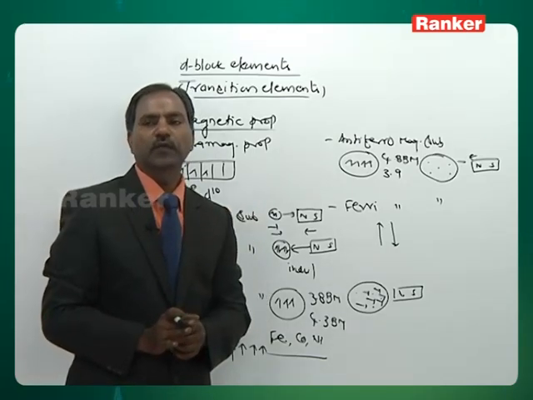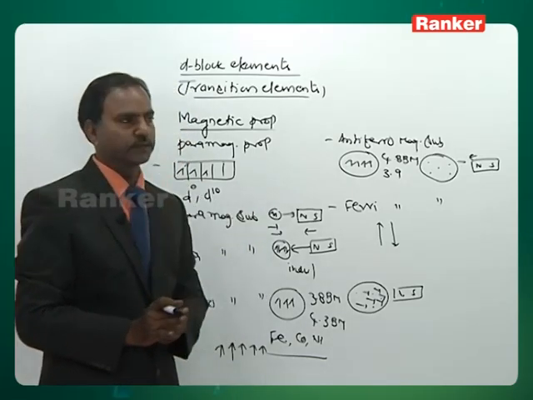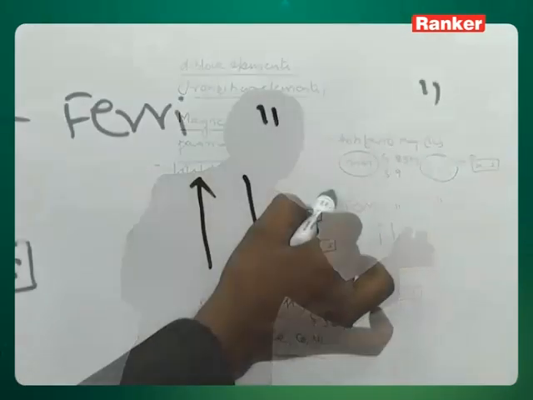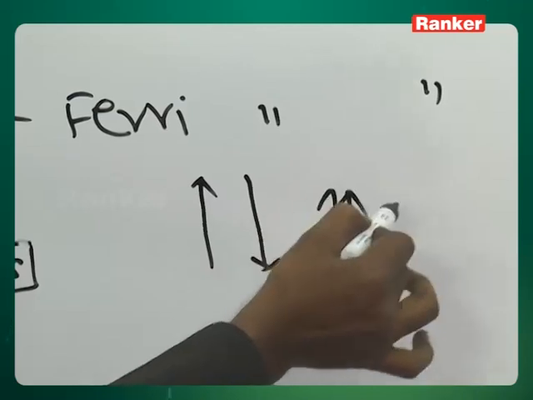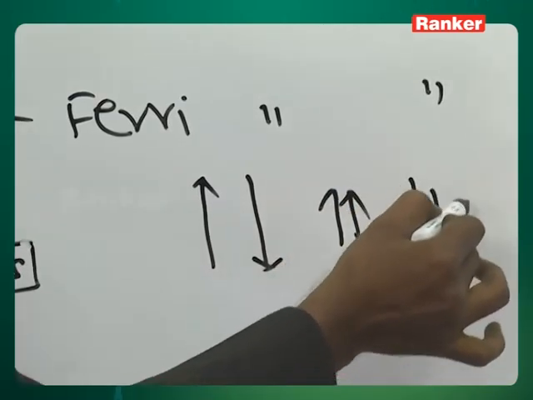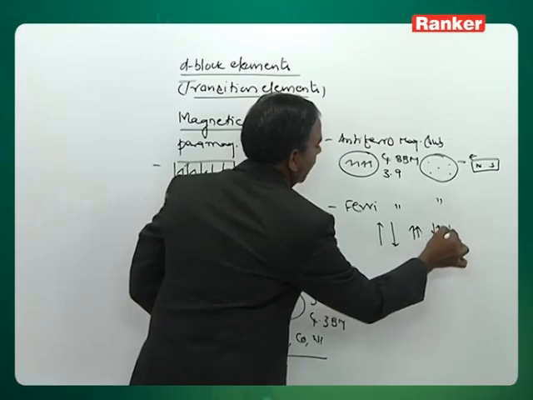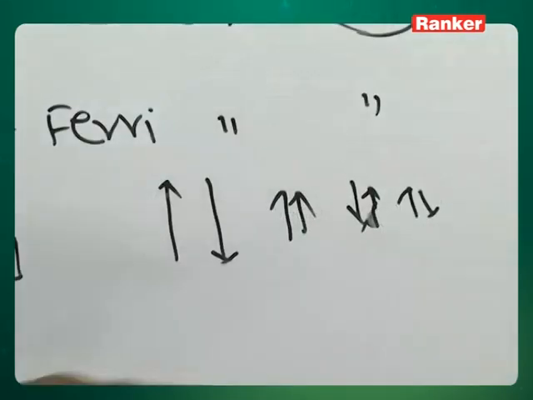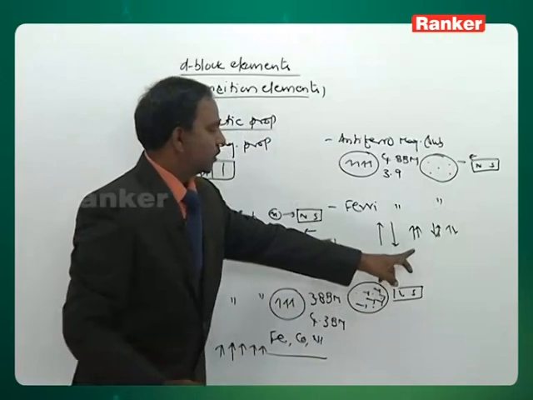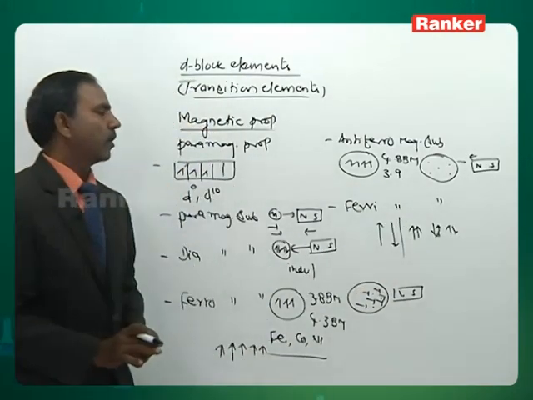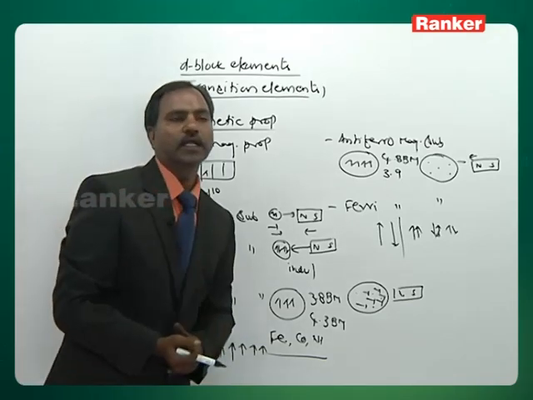Such a substance we call it what? Ferrimagnetic substance. In a ferrimagnetic substance, the magnetic moment vectors, some I am writing like this, some opposite to each other. These two are opposite to each other, and these two are working in the same direction. Such a substance we call a ferrimagnetic substance.